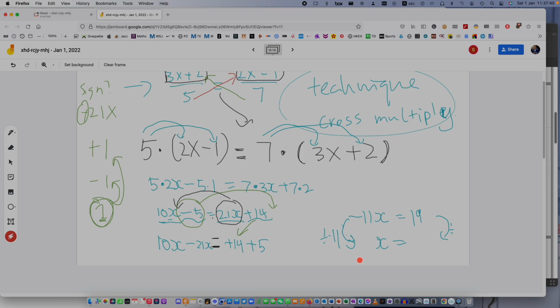Divide by minus 11, okay? So, same thing. Are you sure or not? 18 over 11. You copied wrongly. Double check.